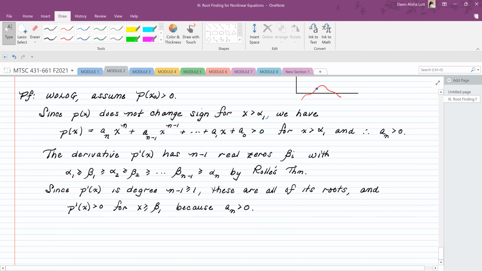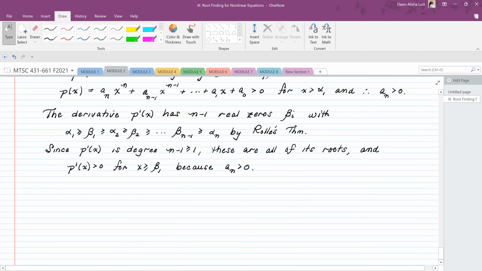All righty, so let's apply Rolle's theorem again. So now applying Rolle's theorem again, and recalling that n is greater than or equal to 2, where do we get that from?